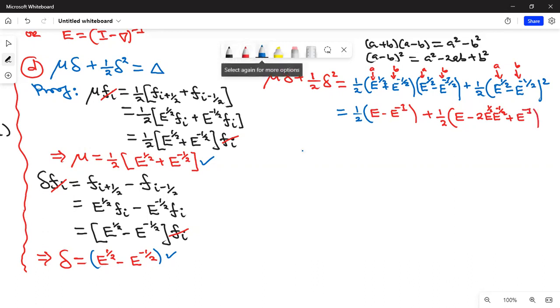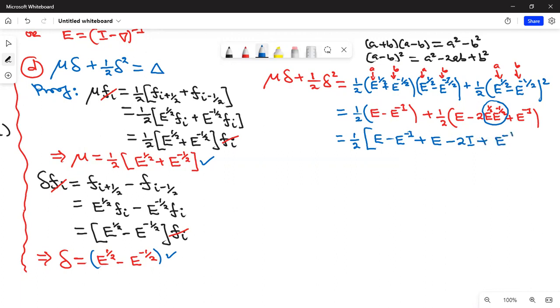And so this is the same as, I can see 1 over 2 is common, so we have 1 over 2 outside. Inside we have e minus e raised to negative 1, then plus another e. The question is, what is the value of e raised to 1 over 2 times e raised to negative 1 over 2? When you add the powers, you get e raised to 0, which is an identity. So minus 2 times identity operator, or simply e raised to 0, then plus e raised to negative 1.